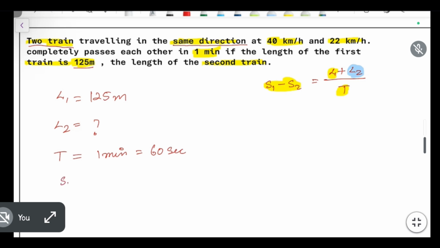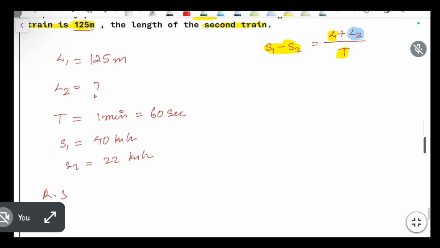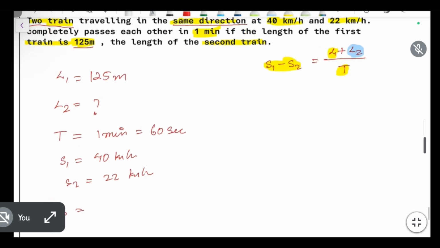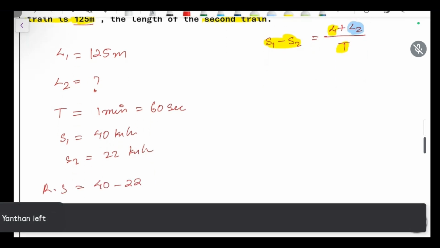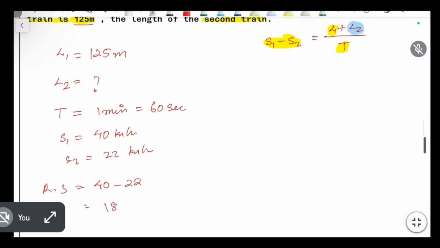And speed 1 is how much? Speed 1 is 40 kilometer per hour, and speed 2 is 22 kilometer per hour. They are traveling in the same direction, so I need to subtract their values. 40 minus 22 is 18. 18 kilometer per hour.